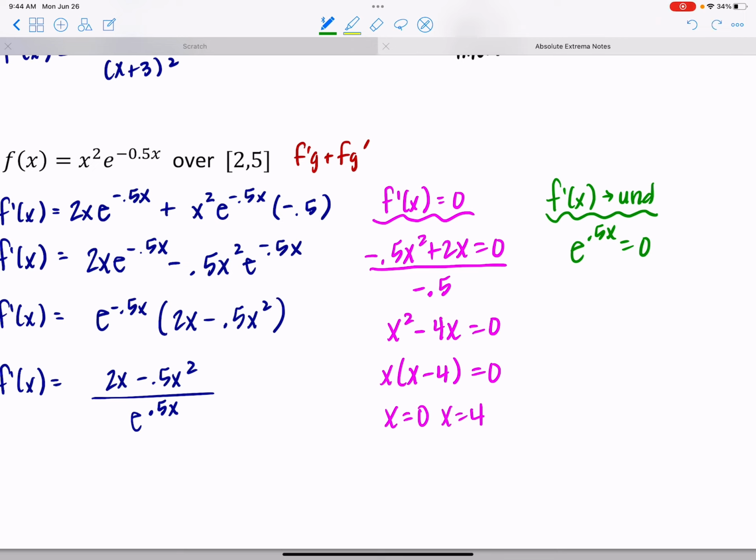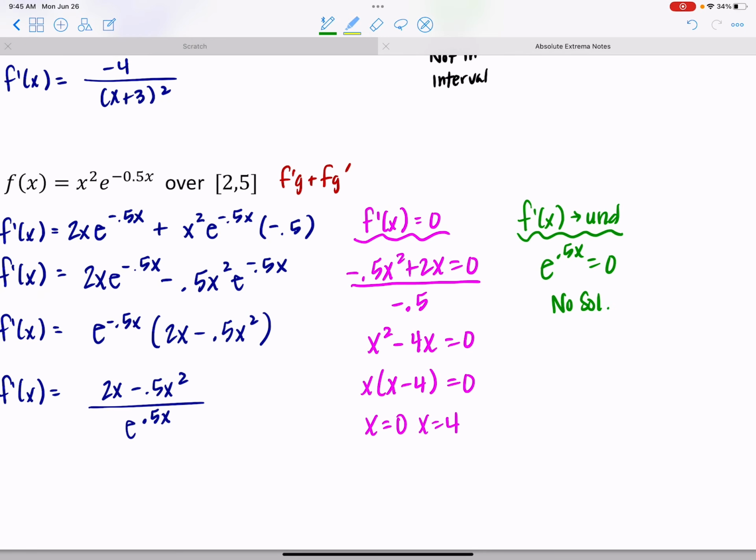If you know the graphs of your exponentials, that's an easy one to see, but no matter what power you raise e to, whether it's a positive power or a negative power or 0, you're going to get a positive value. When you raise anything to the power of 0, you get 1. When you raise it to negative numbers, you get fractions. There's just no way to make that negative, or to make it get to 0. You're going to get smaller and smaller fractions, but approach 0, not get there. So there's no solution to this one.